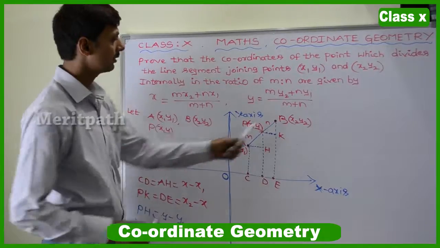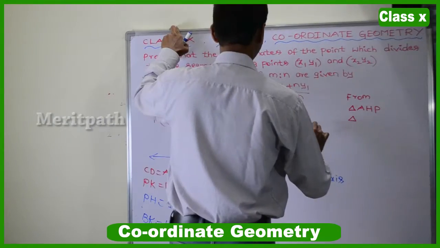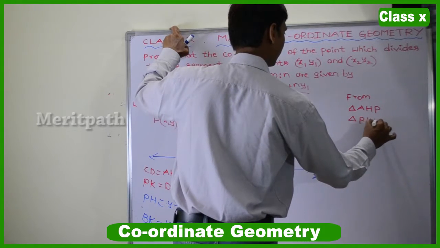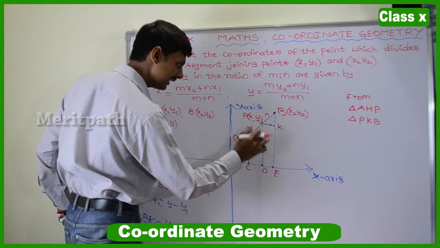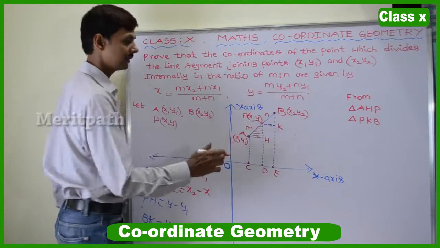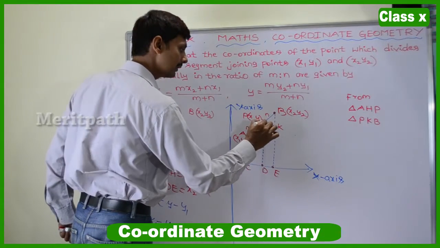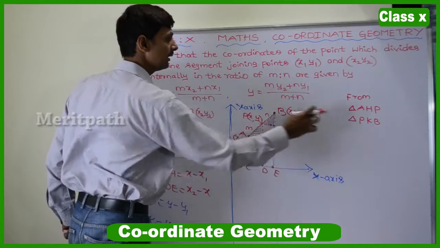So to find out the distance between these 2 points of BK, PKB, from the triangle AHP, this is the triangle AHP, and another triangle is PKB.